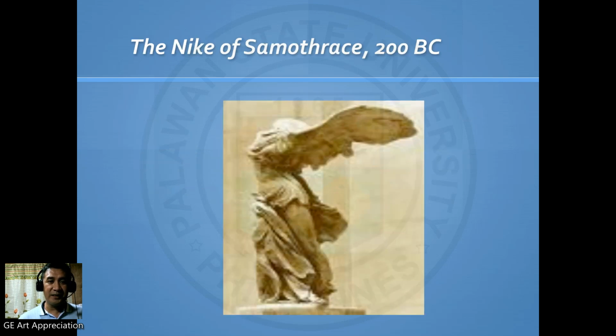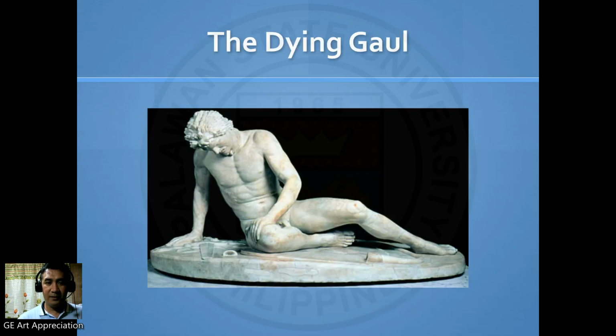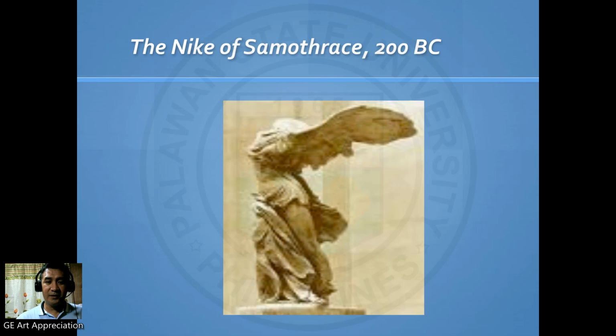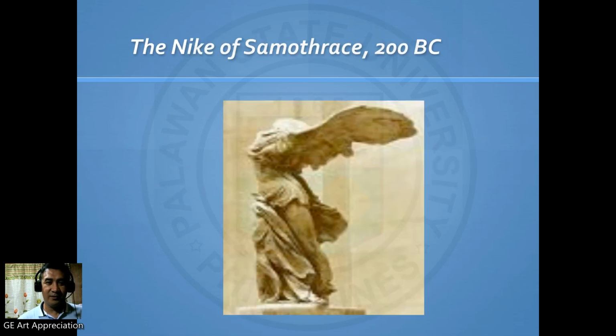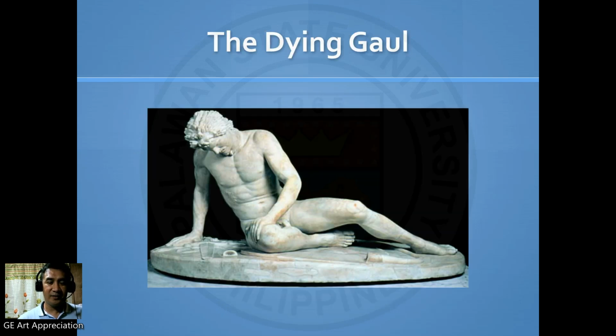That's why you can see here that most of their art in the statue figures shows a sort of desperation. Here, the Nike of Samothrace, 200 BC, and the Dying Gaul.